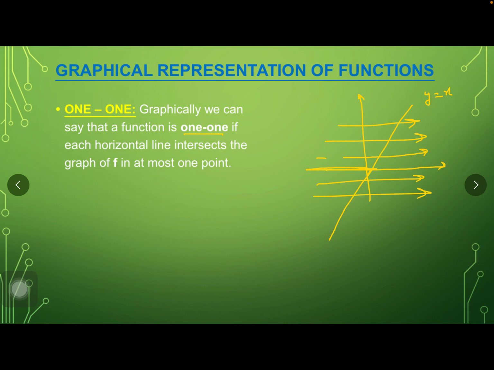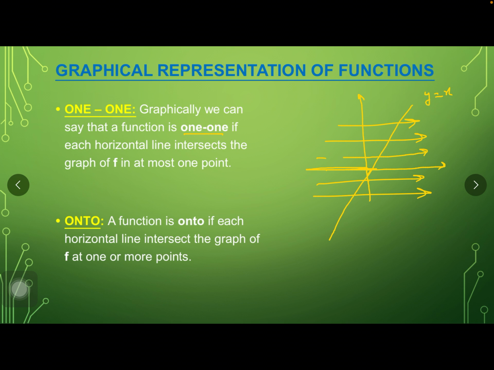Because if you mark any horizontal line like that, you can see that each horizontal line intersects our graph, the y equal to x graph, only at one point, right? So at most one point. So this is our one-one graph.